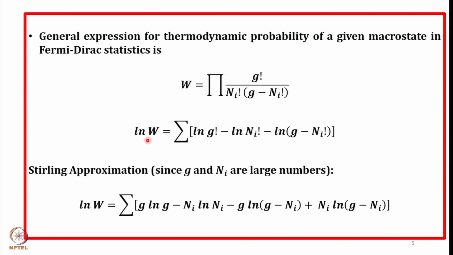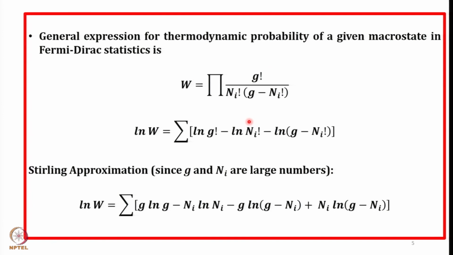When you take the logarithm of this, the product becomes a summation: log Gi factorial minus log Ni factorial minus log G minus Ni factorial. Now usually the total number of compartments and the total number of phase points is very large.